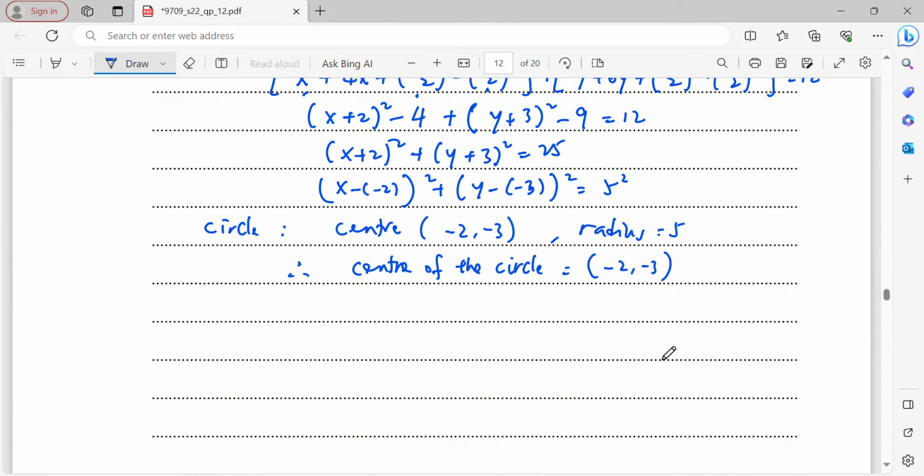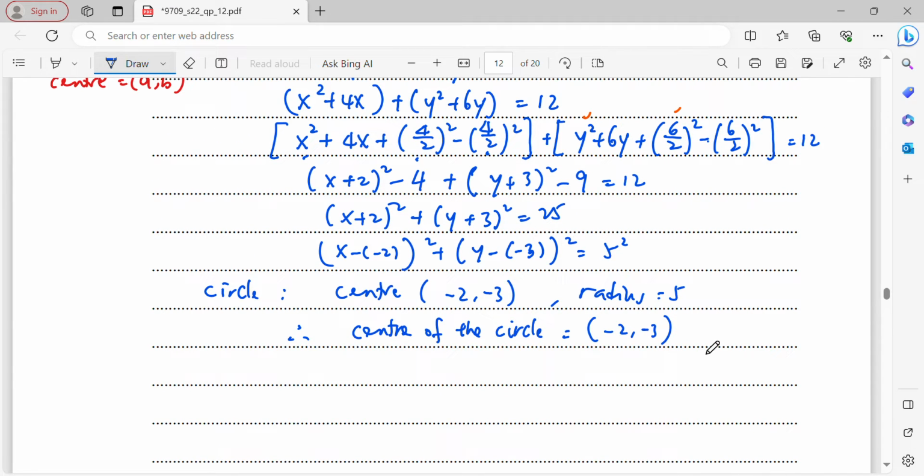Since I have solved it here, I can refer to this form, and then I will get my dy dx.